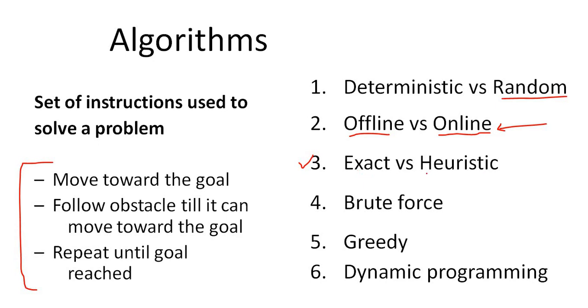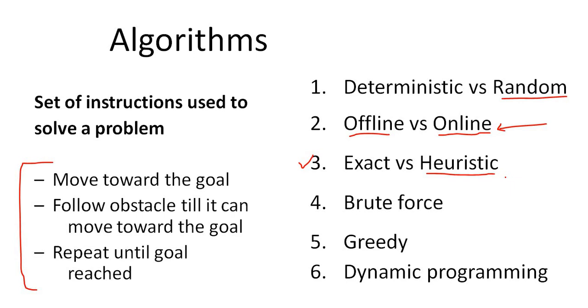Then we have heuristic type of algorithms. They try to give you the best solution, but there is no guarantee, because they don't follow all the standard procedures, so sometimes they don't give the best solution.